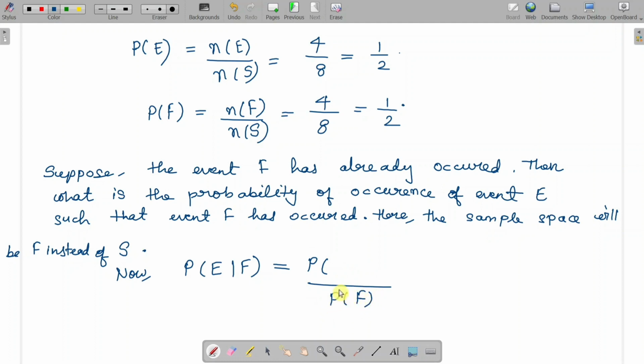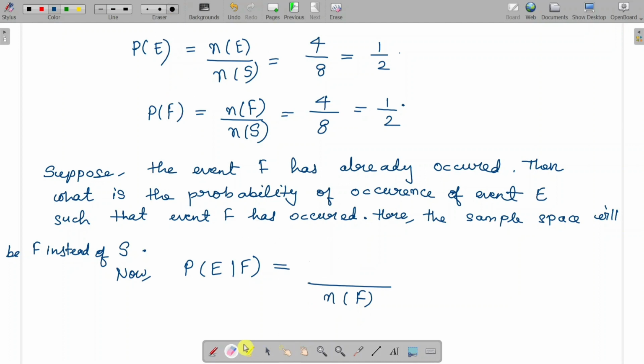So this is our sample space, or we can also write this number of elements of F right here. So probability of E such that F has already occurred will have the new denominator, number of elements in F, because our sample space has changed here, right?